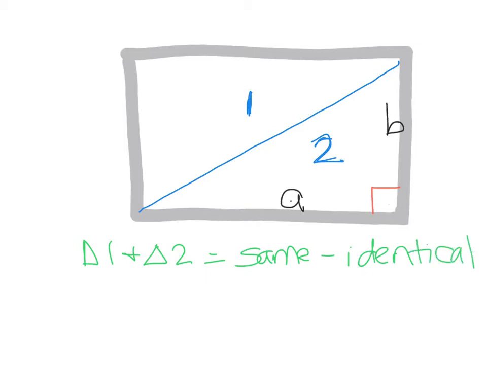How can you show that triangle 1 and 2 are identical? You could cut out this rectangle and then cut along the blue line, right? And you would end up with 2 triangles. And you can do that if you want, but right now we're going to move on.